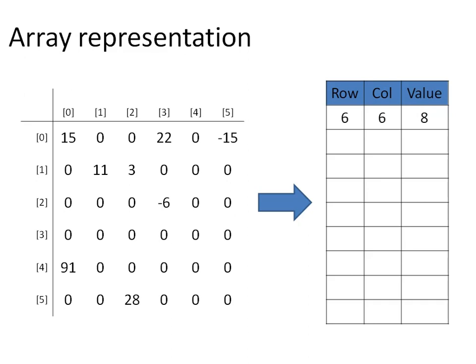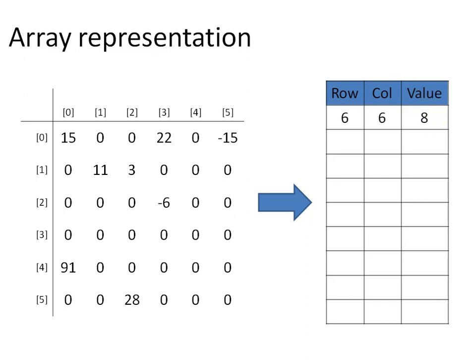The first row will have the dimensions of the sparse matrix: the number of rows is stored in the first column, the number of columns is stored in the second column, and the third column will have the total number of non-zero elements in the sparse matrix, which here is equal to 8. So we have 8 present at the 0th row and second column.